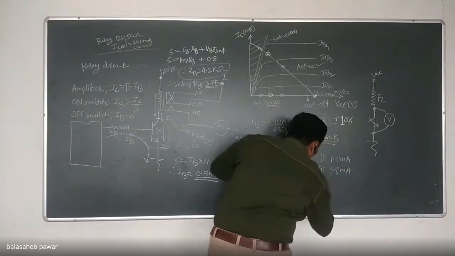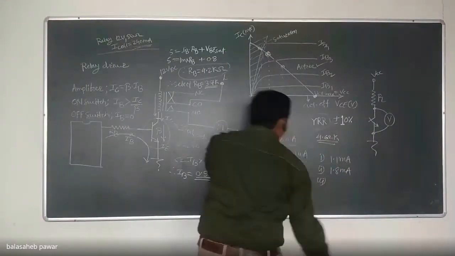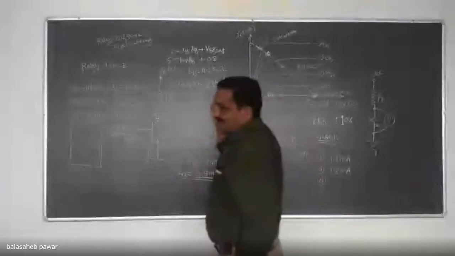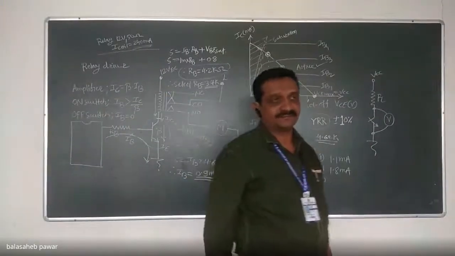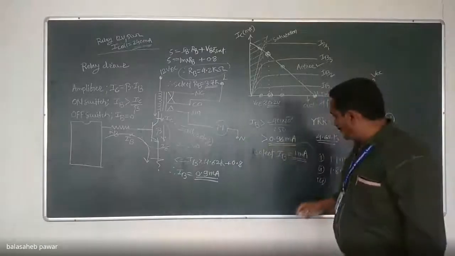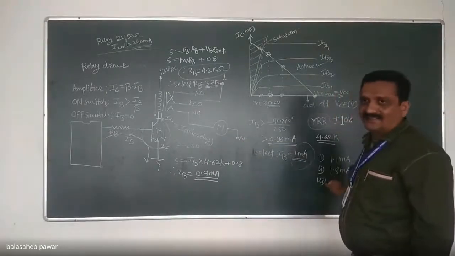No issue. And the third, last condition, take the tolerance as the maximum, that is plus 10%, and calculate the value of IB again.